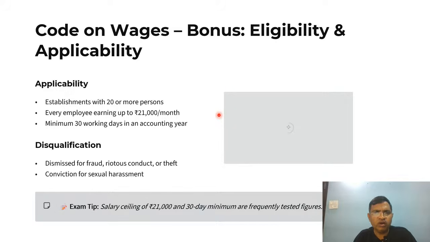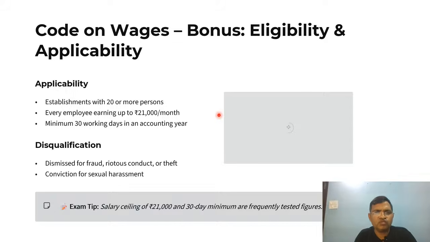Okay. The Code on Wages, bonus, eligibility and applicability. The establishment must have 20 or more persons. Every employee earning up to 21,000 per month. Minimum work days in an accounting year: 30 working days.